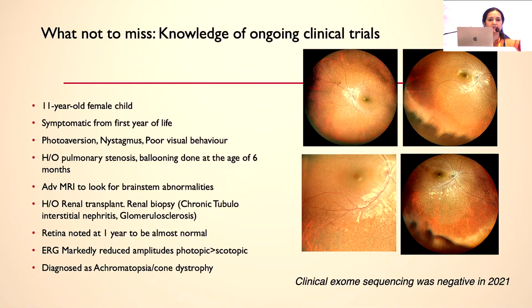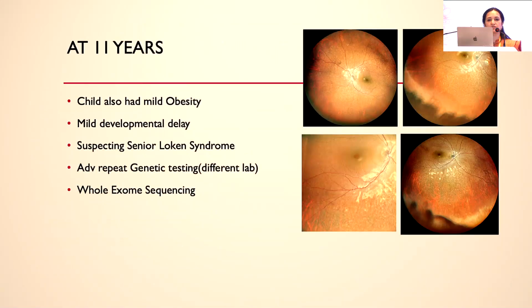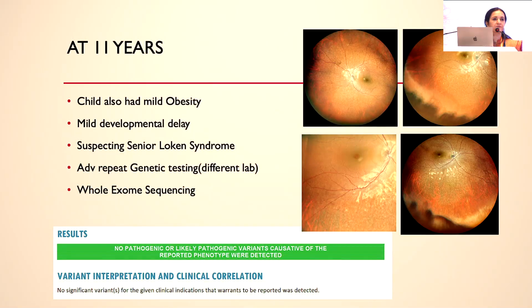Just sharing an example: this was an 11-year-old child who was first diagnosed with achromatopsia, then cone dystrophy, then cone-rod dystrophy because the disease was progressing. When I asked for the history, the patient said they had already undergone renal transplant at 11 years of age. Suspecting Senior-Loken syndrome, I advised genetic testing. Previous genetic testing was actually negative.